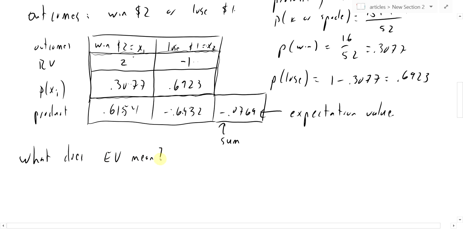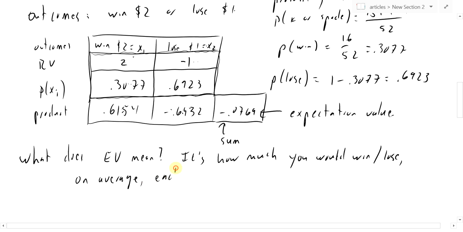It's how much you would win or lose, in this case you'd be losing money on average each time you play this game.